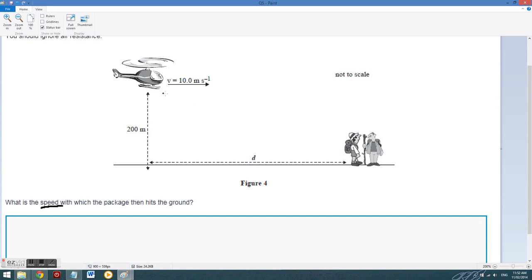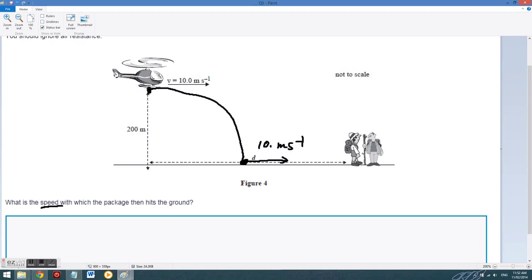So similarly, the package drops down there. I just draw it to show you; it could be anywhere, I don't know yet because I haven't done the calculation. So it's looking for the speed. The horizontal speed remains unchanged because there's no force acting on the package horizontally, so the final horizontal velocity will be 10 meters per second.